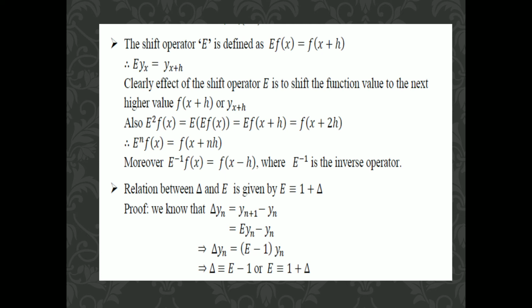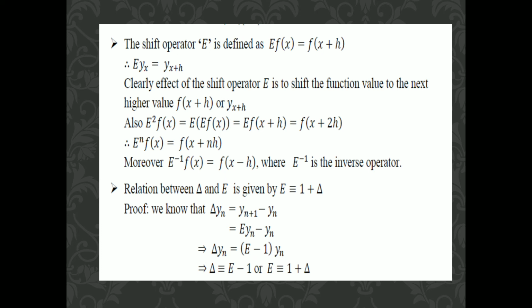Then the relation between delta and E is given by the shift operator E, which is equal to 1 plus the forward operator delta. Let's take the proof. We know that delta y n is equal to y n plus 1 minus y n. y n plus 1 can be written as E y n, when you operate the shift operator on y n, it gives y n plus 1.